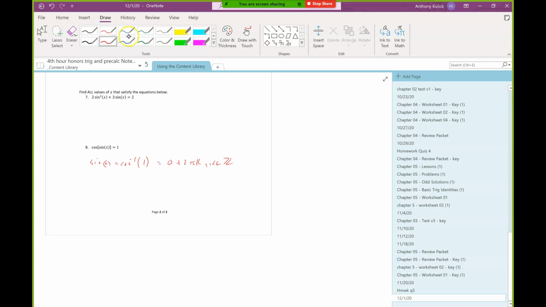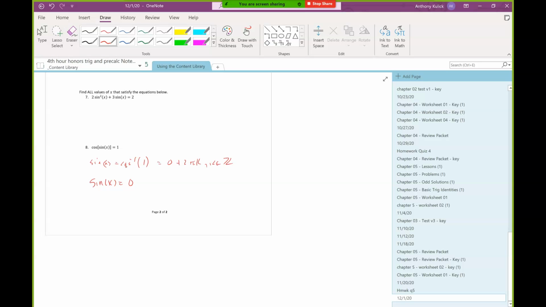But remember that the range for sine is negative 1 to positive 1. So of those infinitely many solutions, the only one I can get is 0. That could be the only possible output of sine.